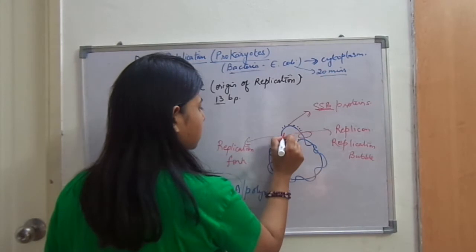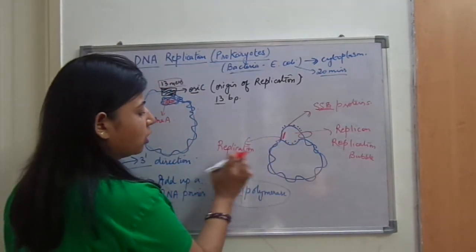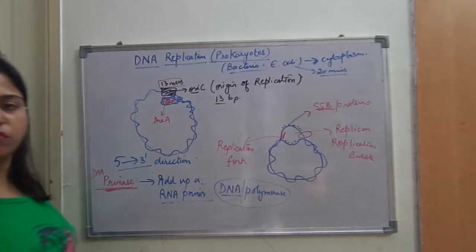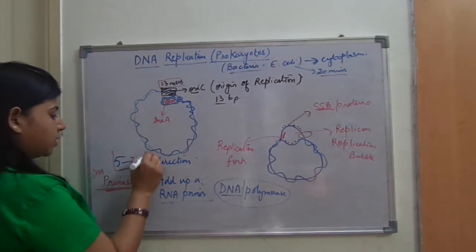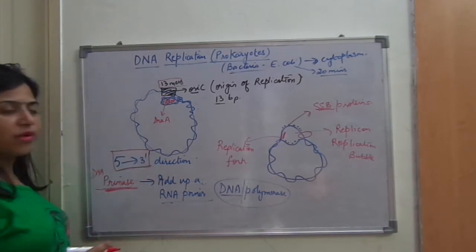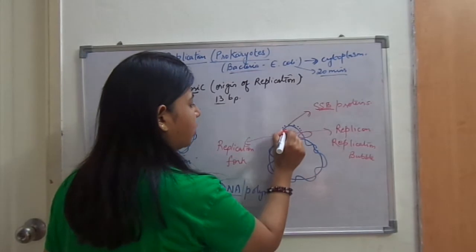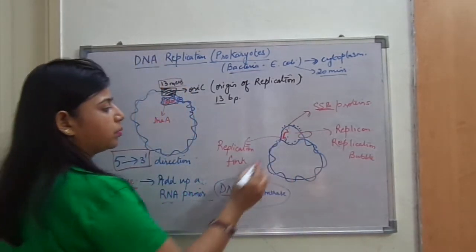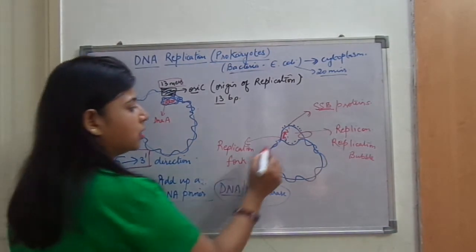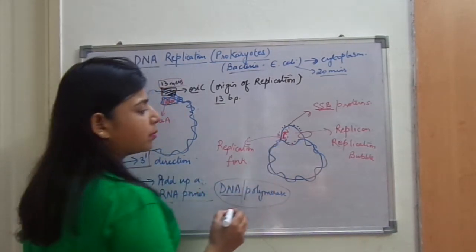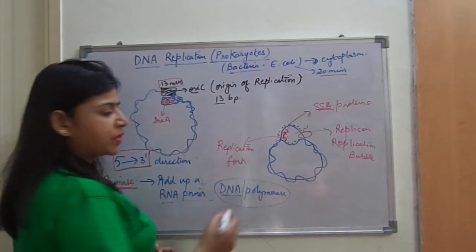Now, suppose this is the primer that is added. RNA primer, please note, is always added at the replication fork region, right? And I am saying that DNA replication occurs in 5' to 3' direction, meaning this was the 5' end and this was the 3' end if replication was occurring in this direction. Means this was the 3' end of DNA and this is the 5' end of DNA.